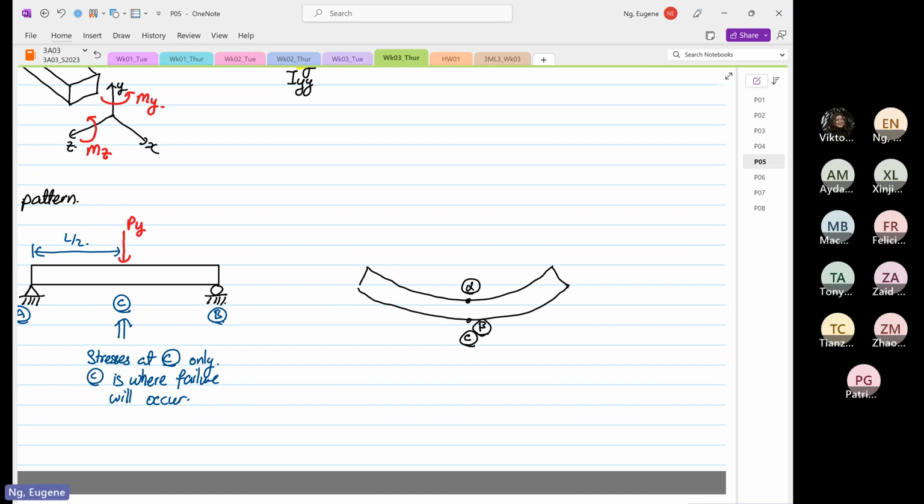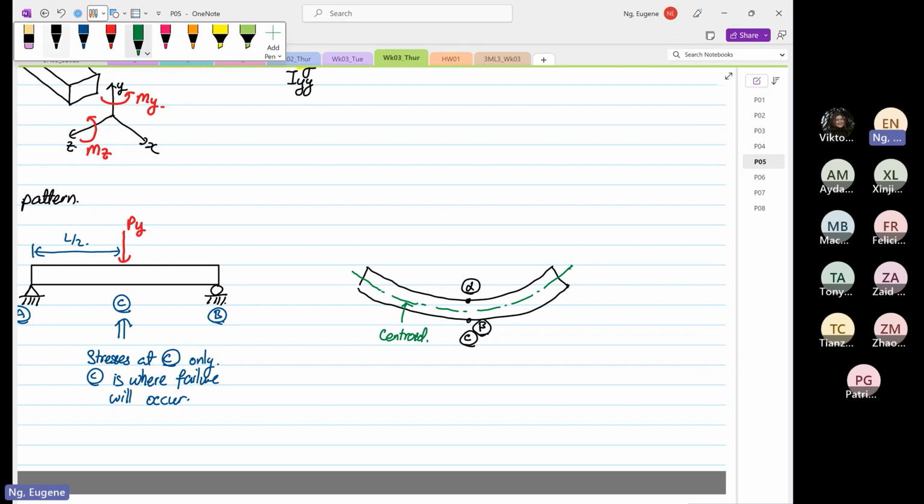So I'm going to sketch another line. Okay. And this line is known as our centroid. Okay.